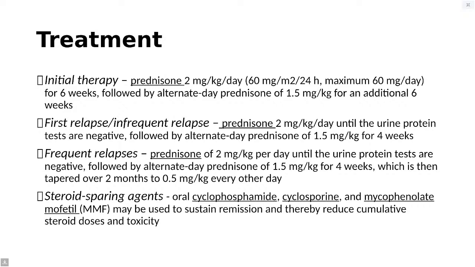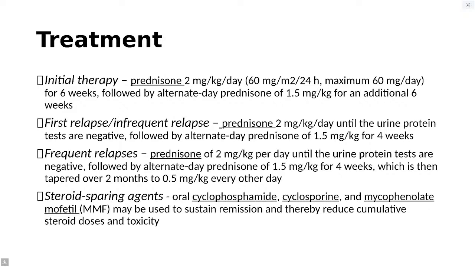When the child has frequent relapses, the dose is prednisone of 2 milligrams per kilo per day until the urine protein tests are negative, followed by alternate day prednisone for 4 weeks, which is then tapered over 2 months to 0.5 milligrams per kilo every other day.